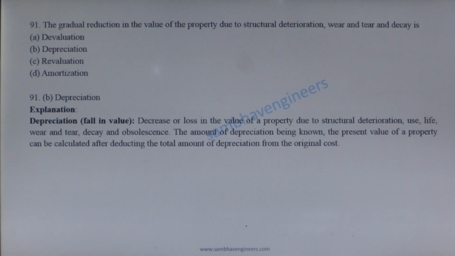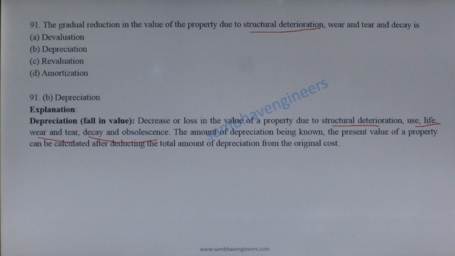Next question. The gradual reduction in the value of property due to structural deterioration, wear and tear and decay. Decrease or loss in the value of property due to structural deterioration, use, life, wear and tear, decay and obsolescence is known as depreciation on the present value.